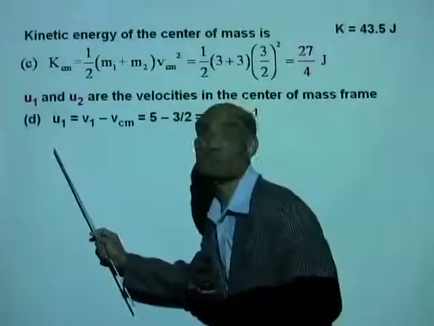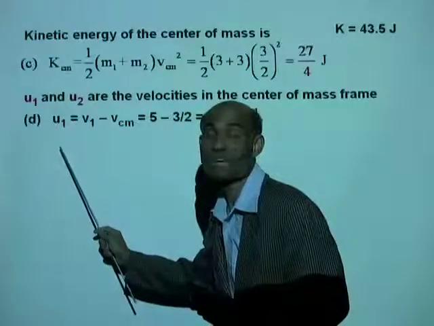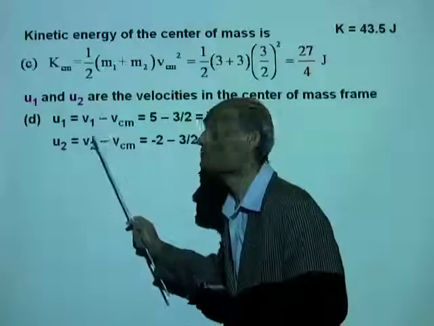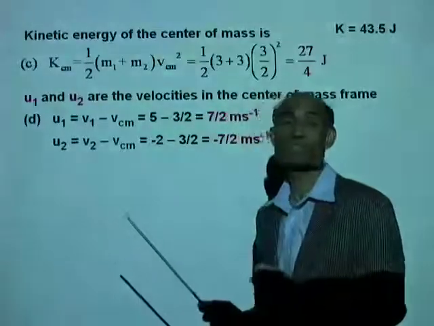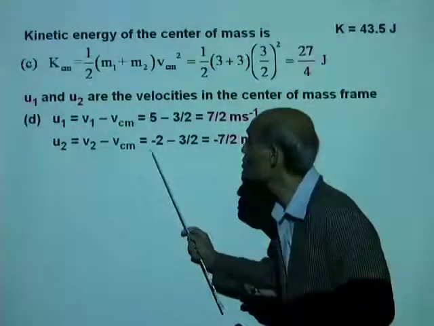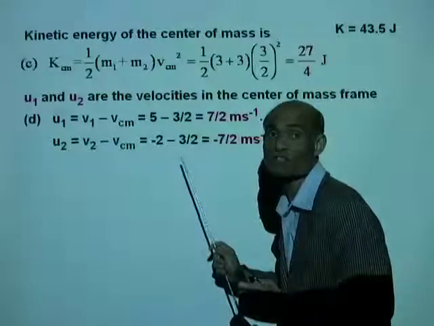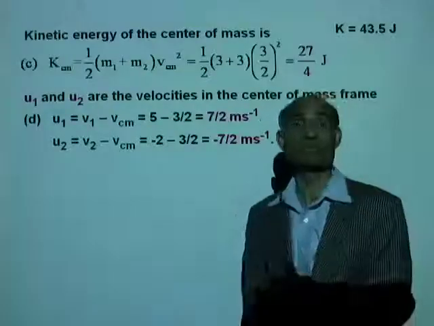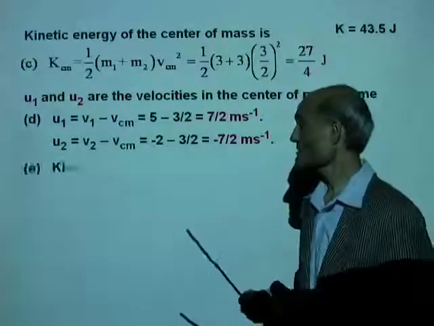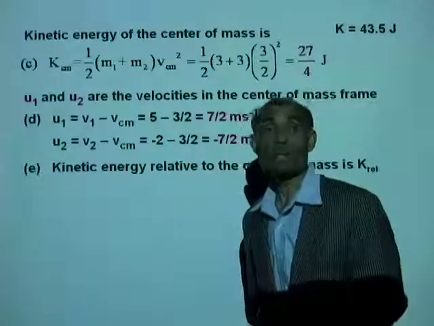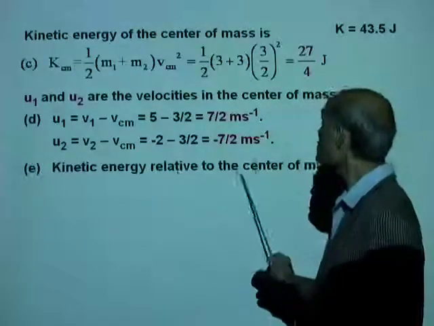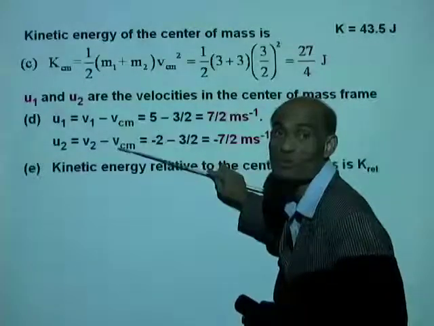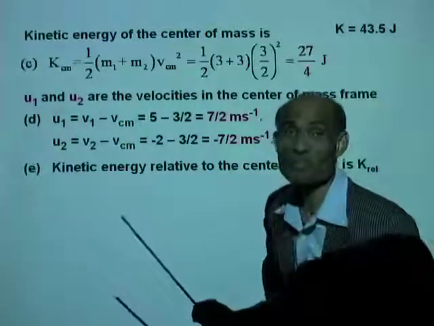What is u2? The velocity of the second object relative to the center of mass. u2 is v2 minus v center of mass. v2 is negative 2 minus 3 over 2, which is negative 7 over 2 meter per second. What is the kinetic energy of these two objects measured from the center of mass?